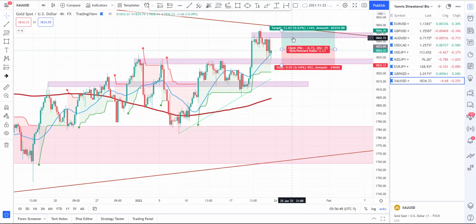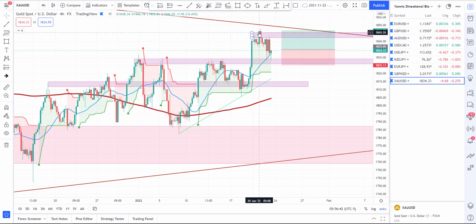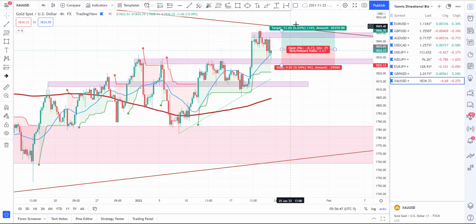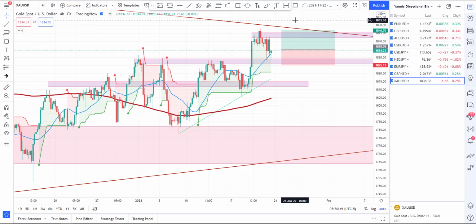And both levels, both that resistance area and that support area, need to be monitored. If I had to choose, again, my bias for gold is long. That would be the one.